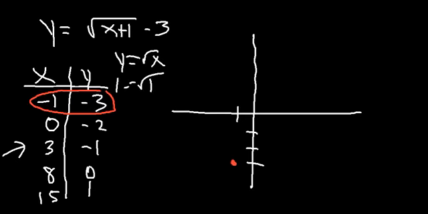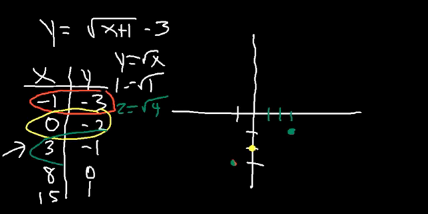So as we move 1 to the right, it's going to go up 1. Notice that we have the point 0, negative 2. And the square root of 4 is 2. So starting from this point, if we move 4 to the right, which will put us at 3, it's going to go up 2. So notice we have this point, 3, negative 1.